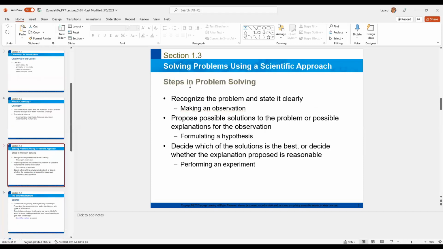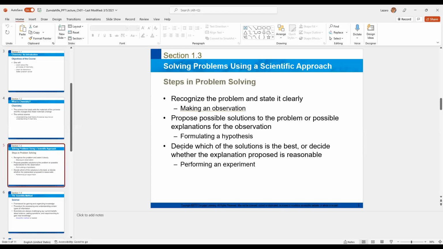What are the steps in order to solve a problem? Well, first of all, you have to recognize a problem and state it clearly. You begin by making an observation and later you propose possible solutions to the problem or possible explanations for the observation. That's what we call a hypothesis. The hypothesis is a possible solution for the problem that you found when you were making observations.